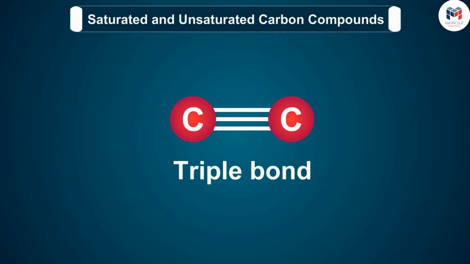Let us now discuss the alkynes. These are unsaturated hydrocarbons in which the two carbon atoms are connected by a triple bond. So, the alkynes contain a triple bond between carbon atoms, which is formed by the sharing of three pairs of electrons.